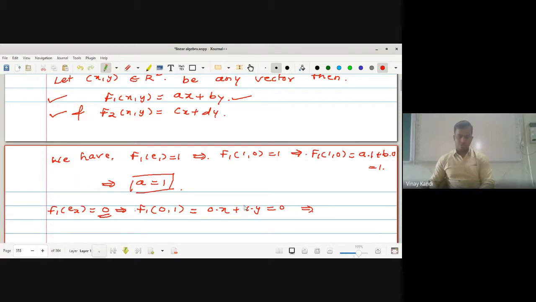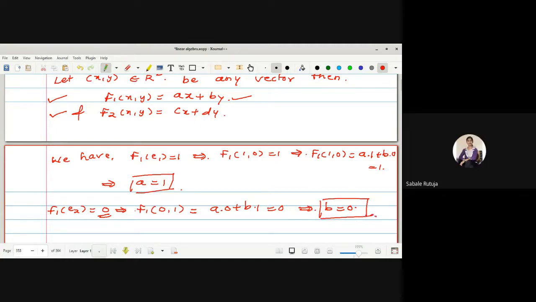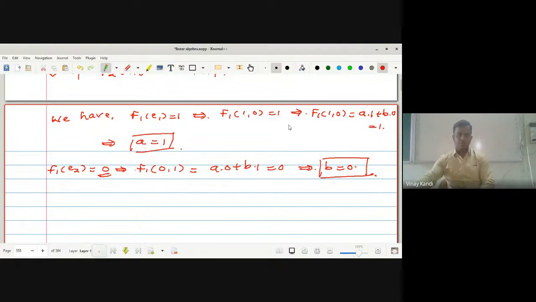Here a into 0 plus b into 1 is equal to 0. Why 0? Because f1 of (0, 1) is 0. So this implies b is equal to 0. Any doubt? No, sir.